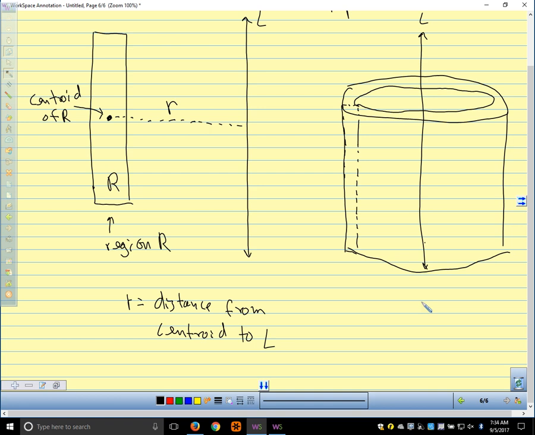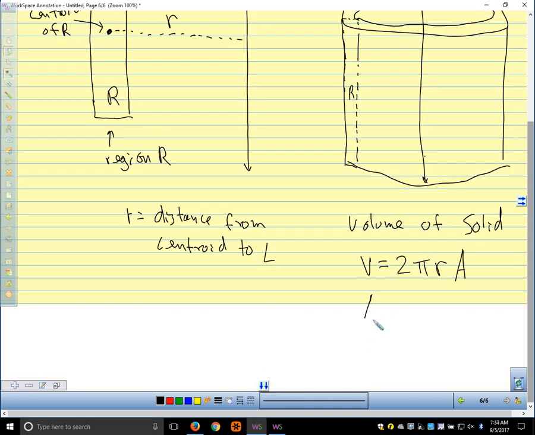The volume of this solid, so this is r, V equals 2 pi r A, where A is the area of the region.